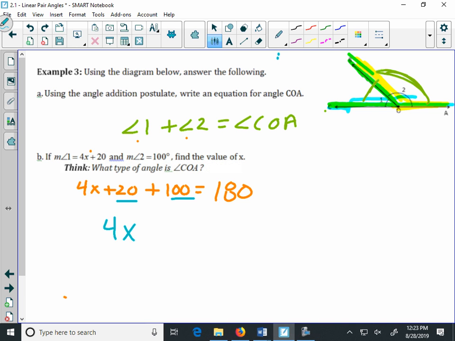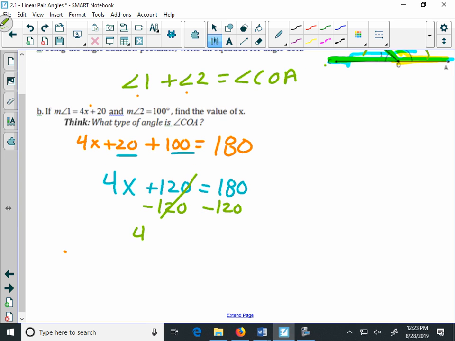What do we get? And now again, it's just your general two-step equation. Put 120 over. What's 180 minus 120? And then divide by 4. 60 divided by 4 is what?